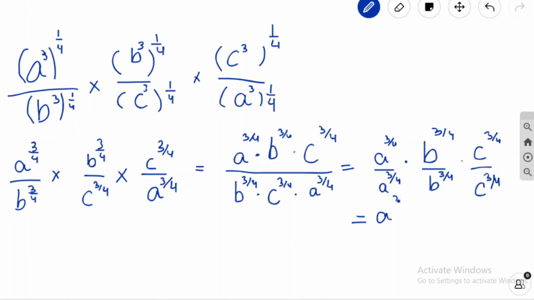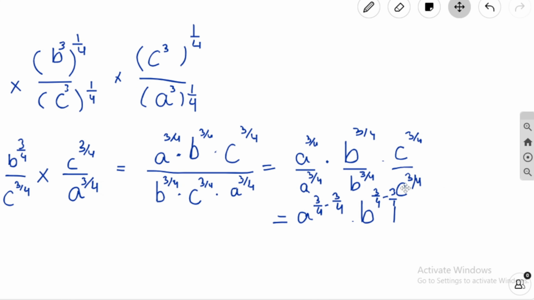So a raised to the power 3/4 minus 3/4, then b raised to the power 3/4 minus 3/4, then c raised to the power 3/4 minus 3/4.